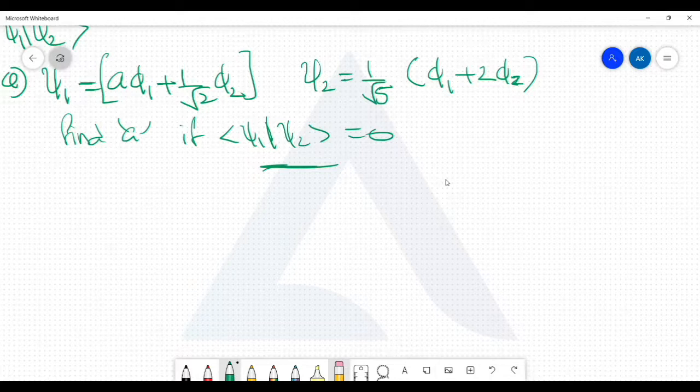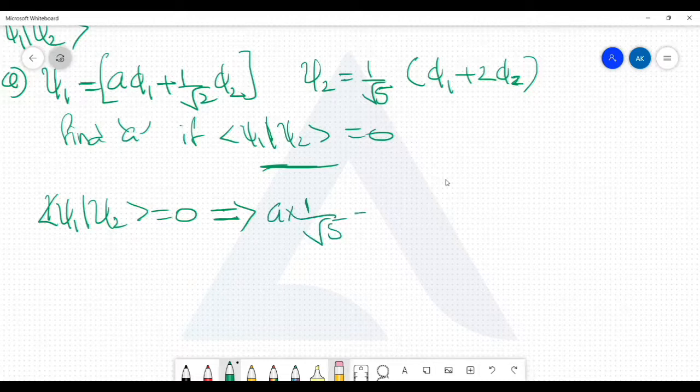Okay. Therefore, psi 1, psi 2 equal to 0 implies A into 1 by root 5 plus 1 by root 2 into 2 by root 5 equal to 0.